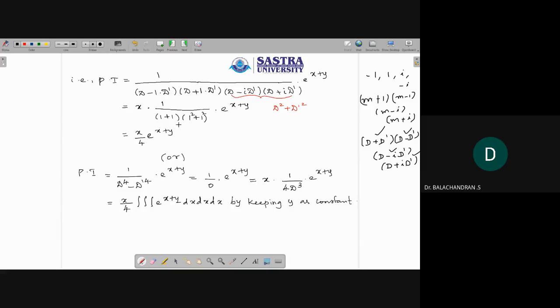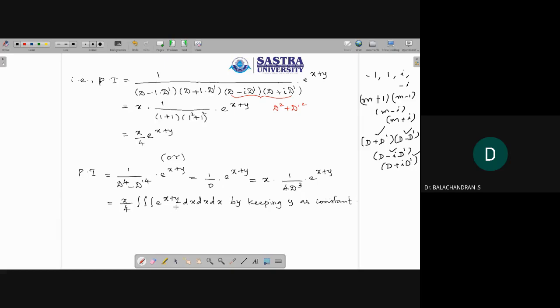Method 2 is something you already know. If you apply D equal to 1 and D dash equal to 1, the denominator is 0, then you should multiply the numerator by x and differentiate the denominator with respect to D. So then you get 4D cube minus 0, into e power x plus y. So 1 by D cube means you should integrate 3 times with respect to x, keeping y constant.